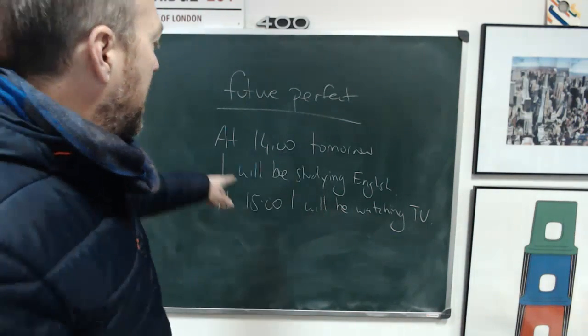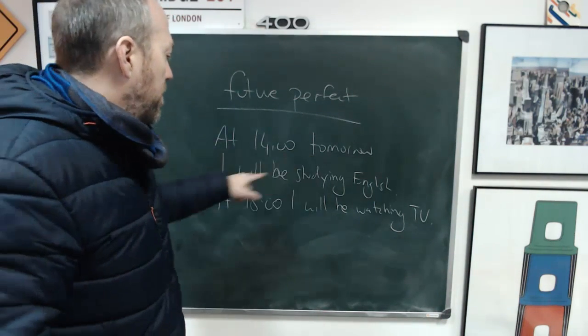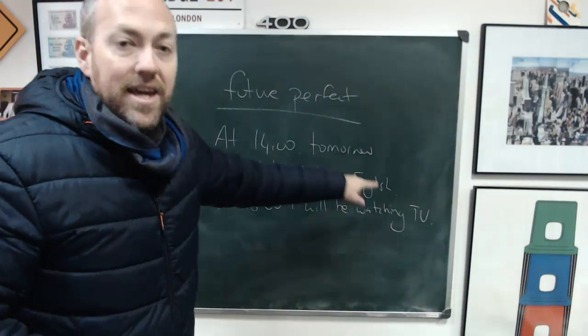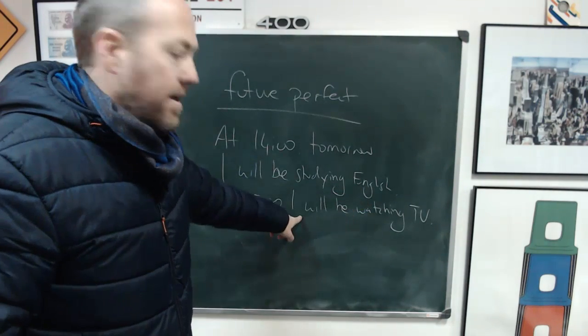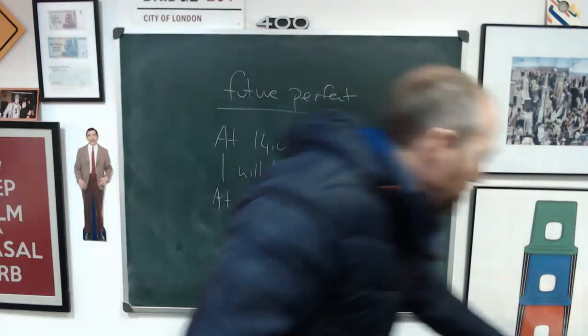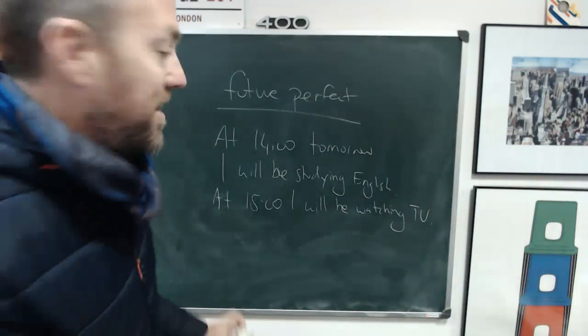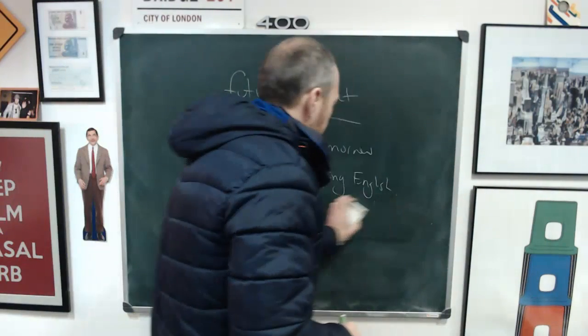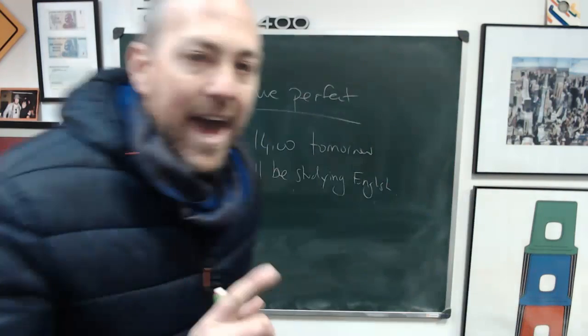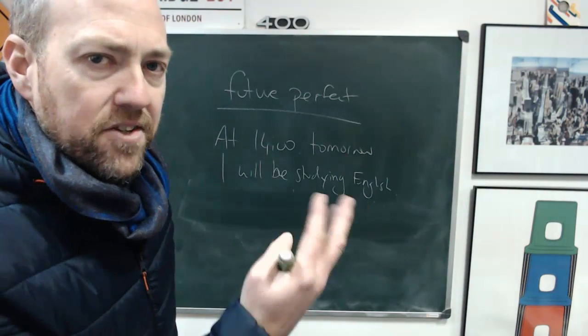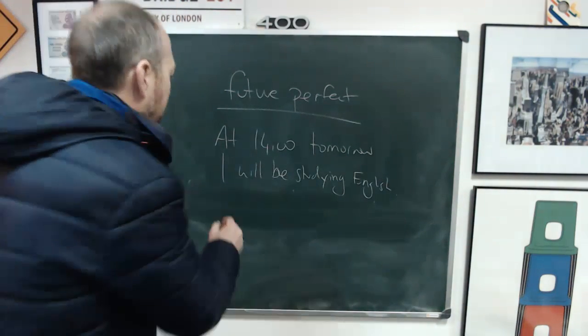So we're going to say, at 2 o'clock tomorrow, I will be studying English. And then we're going to eliminate this, and we're going to use the perfect tense to create the relationship. Okay?